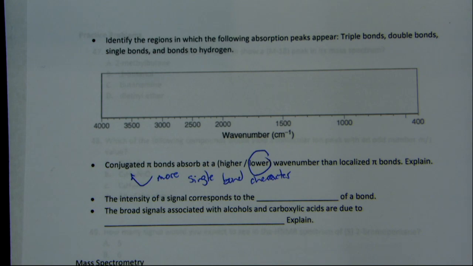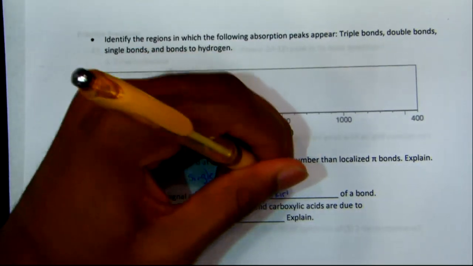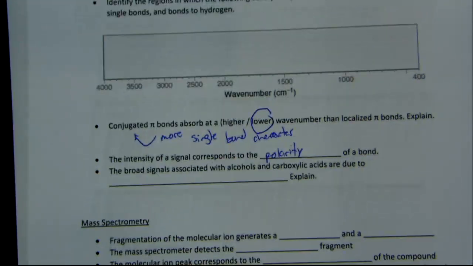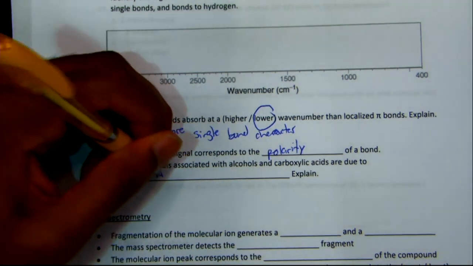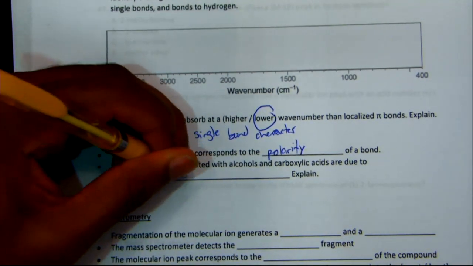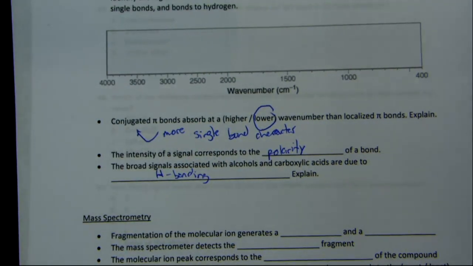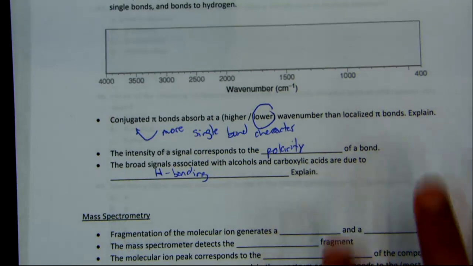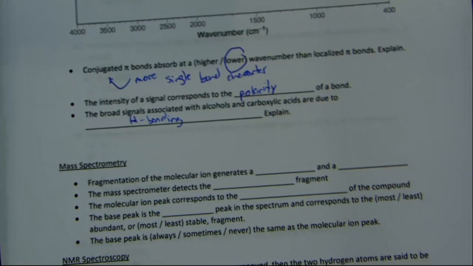The intensity of a signal corresponds to the polarity. And the broad signal associated with alcohols and carboxylic acids is hydrogen bonding. There are multiple oxygen-hydrogen bonding interactions it could have, so that's why it's broad. That's your explanation, especially with carboxylic acid, because there's two oxygens.